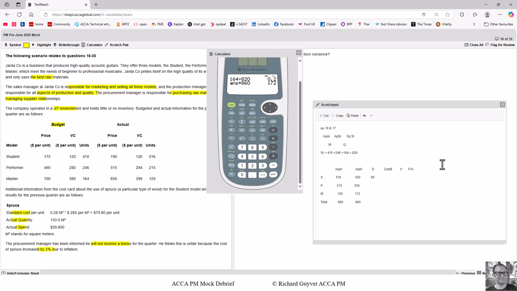Contribution is the dollars per unit, and we subtract the variable costs, that's 55. I'll come back and do the multiplication because I'll need the calculator for that. And then I'm looking to the left, 490 minus 280 is 210. And 700 minus 380 is 320.